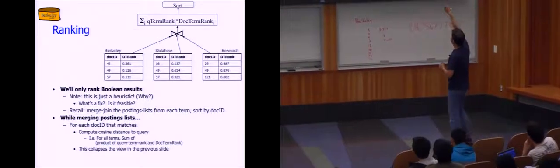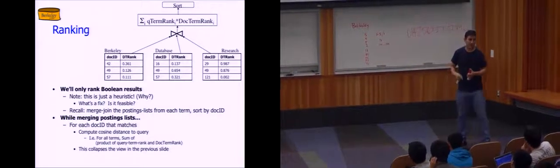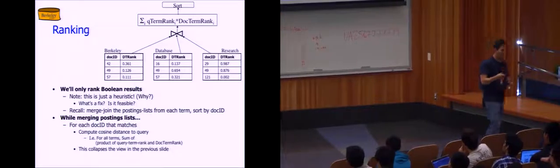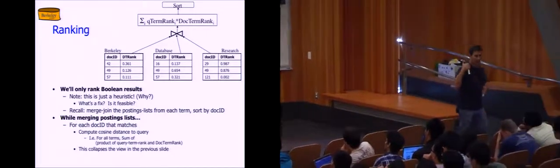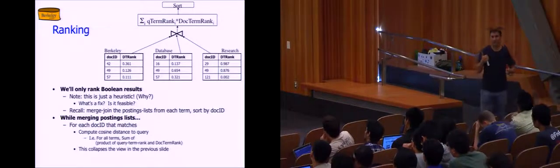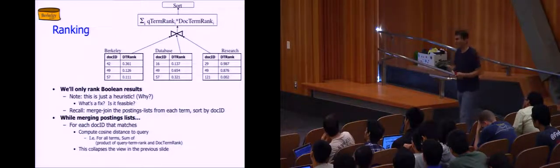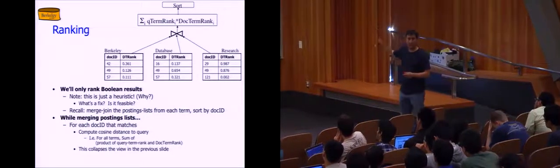Notice the join of all 3 of the postings lists. Here's a hint. We're going to have Berkeley and database and research in the document for it to be in the output. Is it possible that there's a document out there that's a better match to your query that's missing one of those terms?